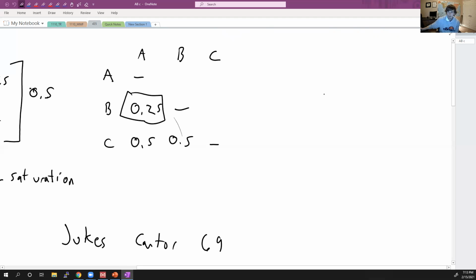So I'm going to draw an unrooted tree. And so my unrooted tree will resemble something like this, where I have A and B here, and then C is out here. Now my distance from A to B is 0.25.